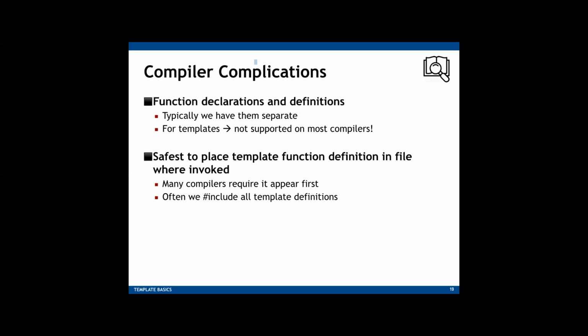That's what we typically do in C++ programming, separating the declarations and the definitions of functions into different files. But many compilers do not allow separate compilation of templates. So it is safe to place template function definitions in the file where they are invoked, or at least the function declaration must come before the function invocations.